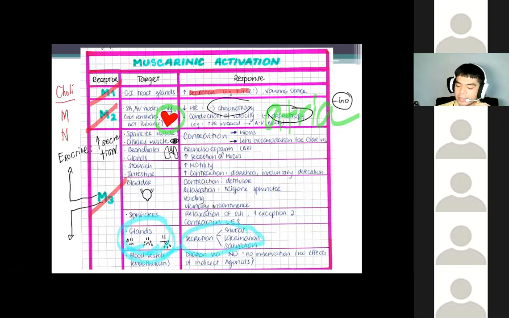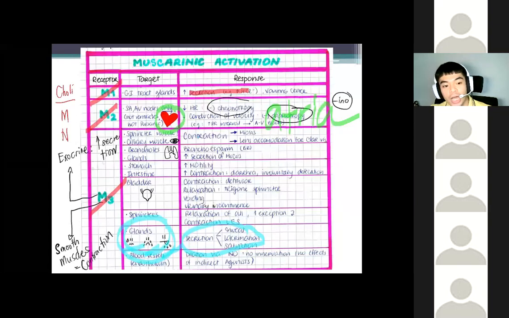Next, muscarinic 3 also has an effect on smooth muscles. The generalized effect is contraction. Remember that, contraction. To understand, let's discuss the table. Number one, the eyes: the sphincter muscle and the ciliary muscles of the eyes.